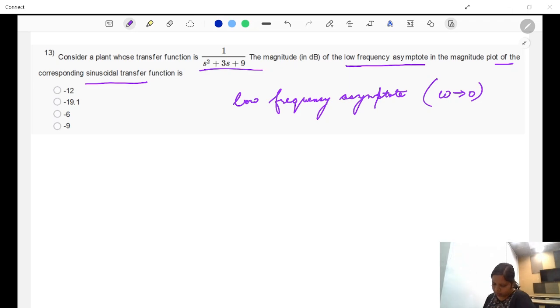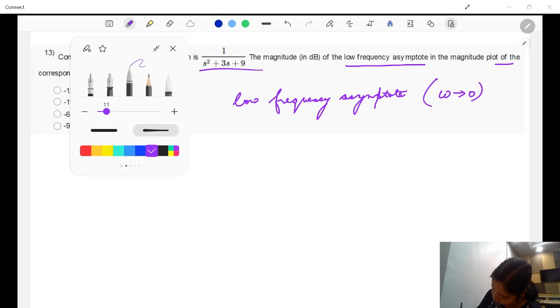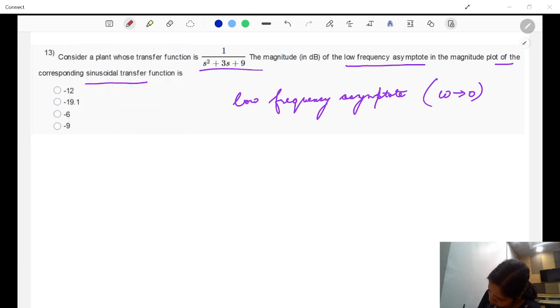So essentially we want to calculate the magnitude when omega tends to 0. That is the whole question. Okay. So your G(s) is given here to be 1 upon s square plus 3s plus 9.